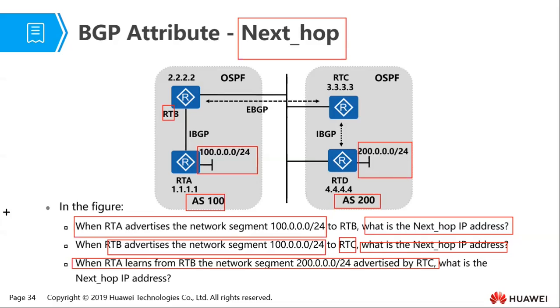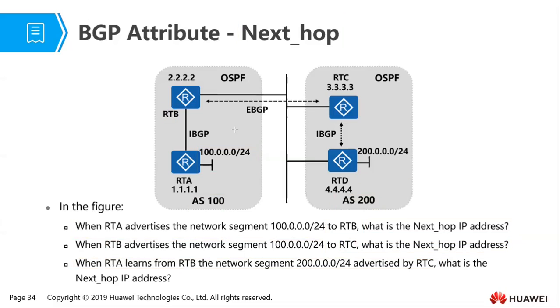Okay, so let's begin with the first scenario. When RTA advertises this network to RTB, the next hop will be the outbound interface on RTA that has formed the IBGP neighbor relationship with RTB. So the next hop is going to be the IP address of this particular interface.